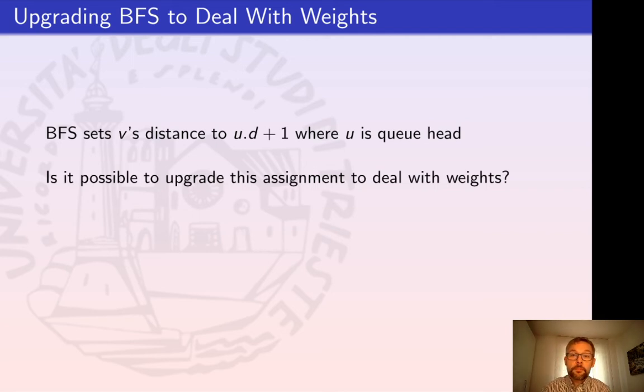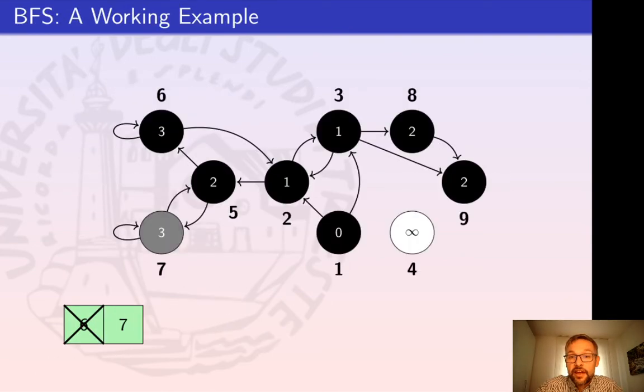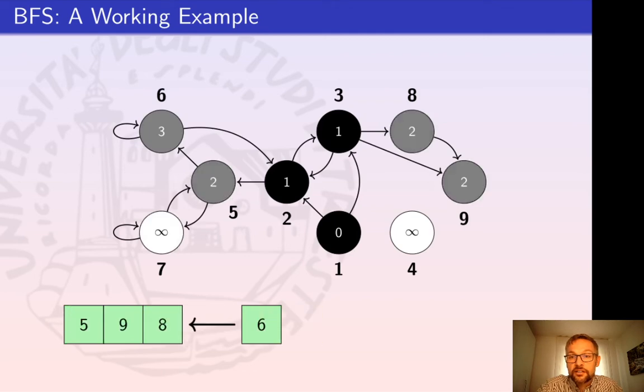So now we understood how BFS works, and let's try to upgrade BFS to deal with weights. In updating the value of a white node, we simply set the distance of the just discovered node to the distance of the node from which we discovered it plus 1.